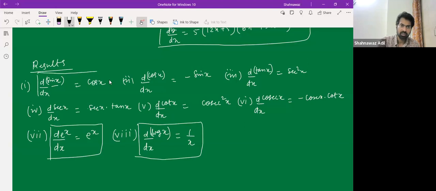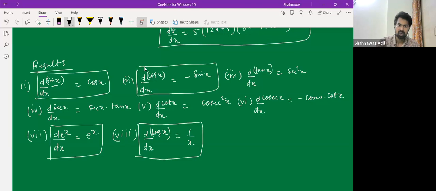This is important. And this is important. Understood, guys? And we had this one also, x to the n, which was n x to the n minus 1. So just remember these five: 1, 2, 3, 4, 5.